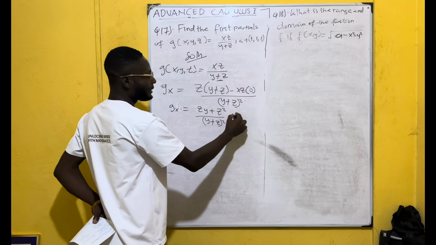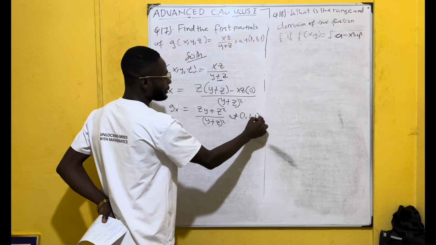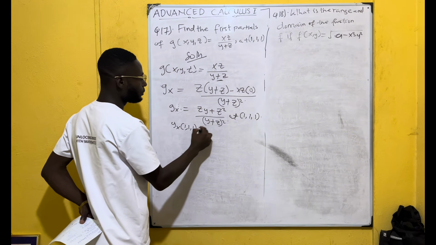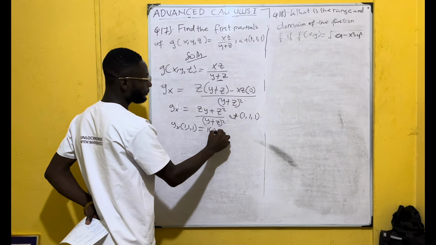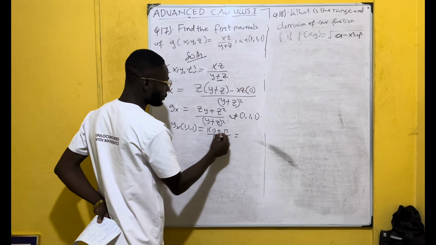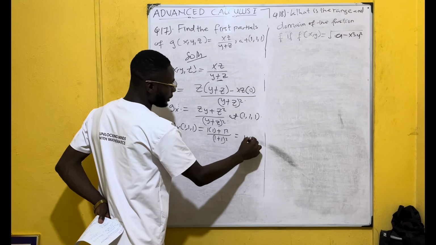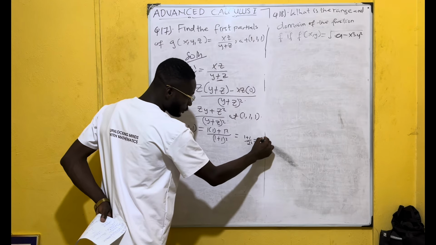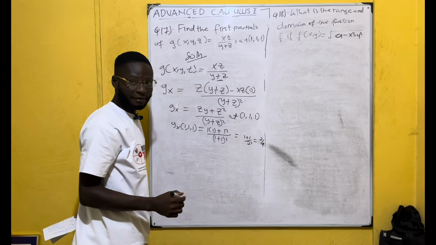Now, at the point (1, 1, 1), our g_x of (1, 1, 1) will be equal to 1 times (1 plus 1) squared divided by (1 plus 1) squared. And that is equal to (1 plus 1) divided by 2 squared, which is 2 over 4. And this is half, right?